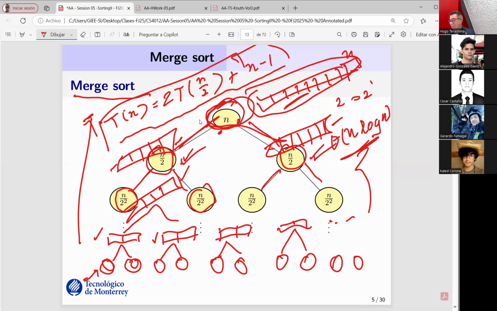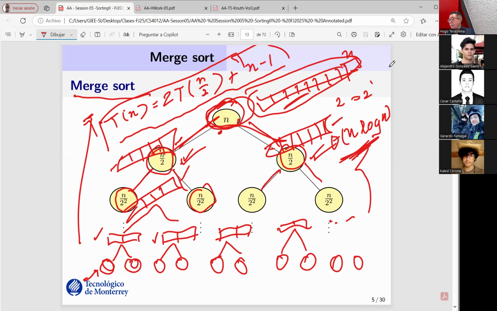This is what Cesar is just writing here in the chat: the complexity of the merge and the recurrence relation for the merge sort, and once we solve it, we're going to have this. Is that okay? I have a question.